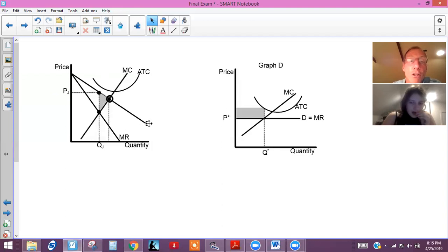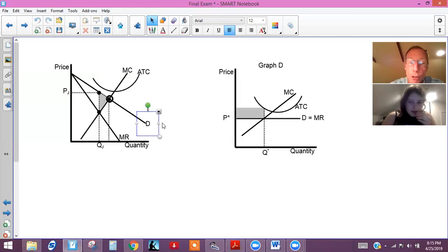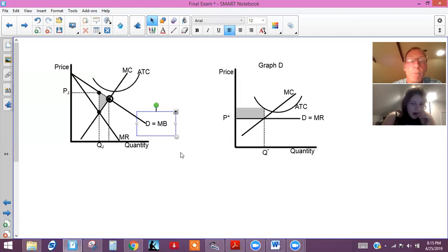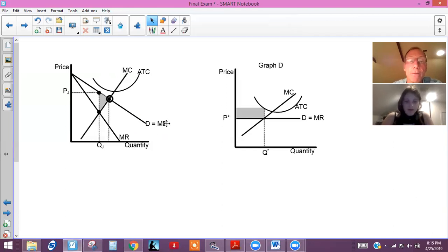Demand is also marginal benefit, right? They're one and the same. So where marginal benefit equals marginal cost right here, this point right here, that is the socially optimum output, or the allocatively efficient.